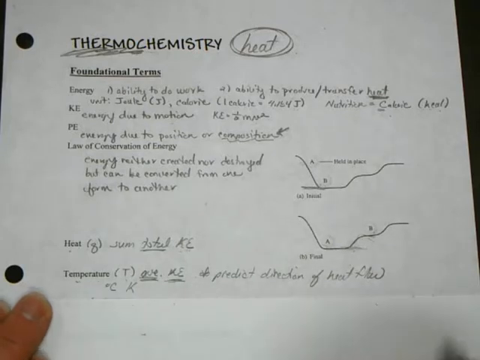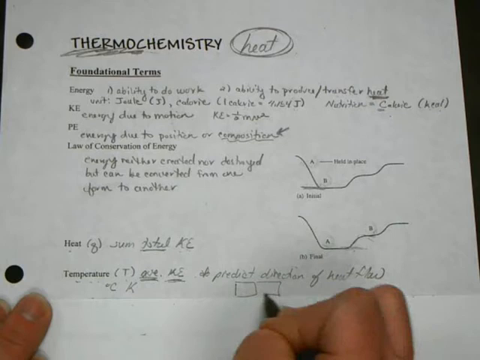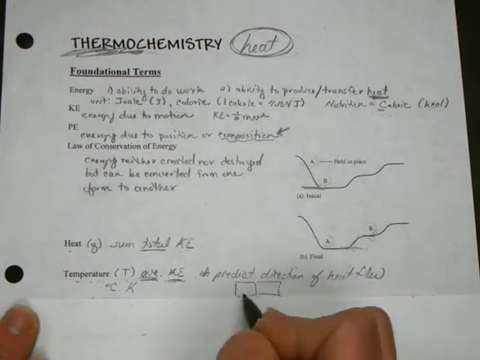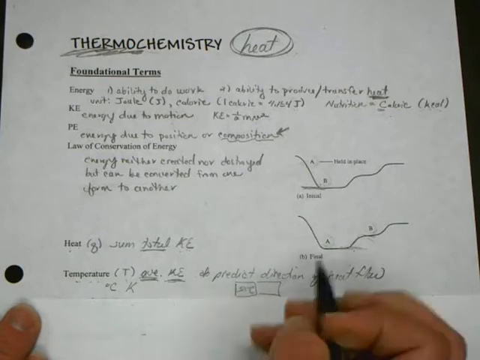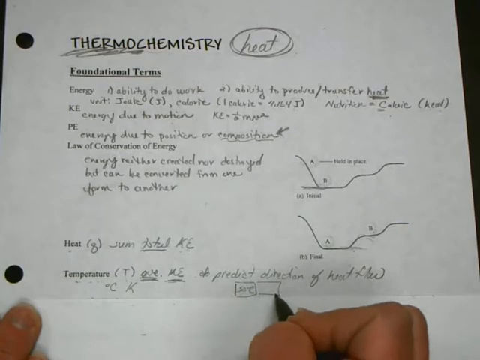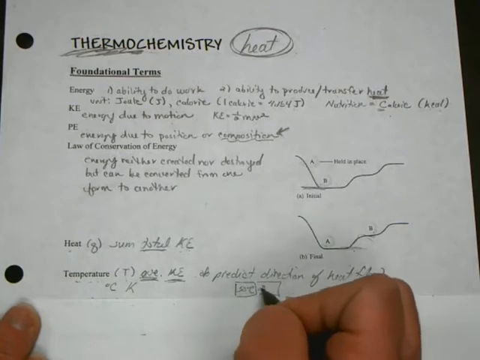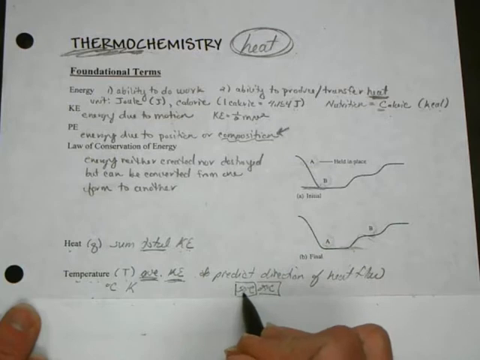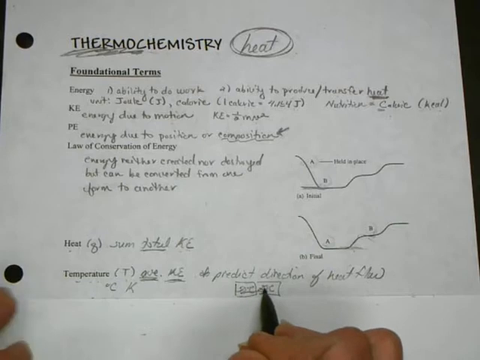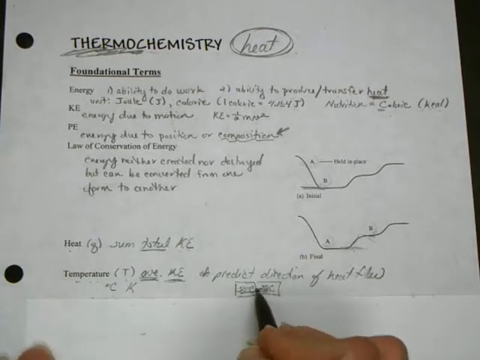If you have 2 samples in contact with each other, whatever is at the higher temperature, let's say we have a sample of water that is at 50 degrees Celsius in contact with another sample of water that is 25 degrees Celsius, we can be sure that heat will flow from the higher temperature to the lower until an equivalent temperature, an equilibrium per se, is reached.